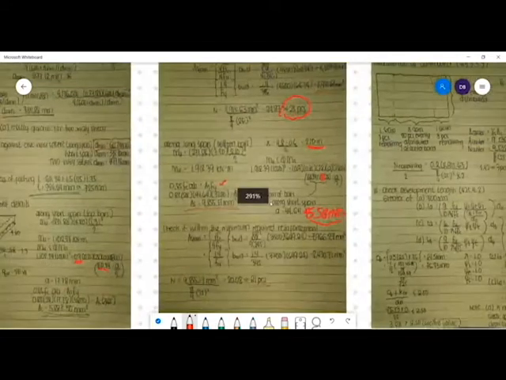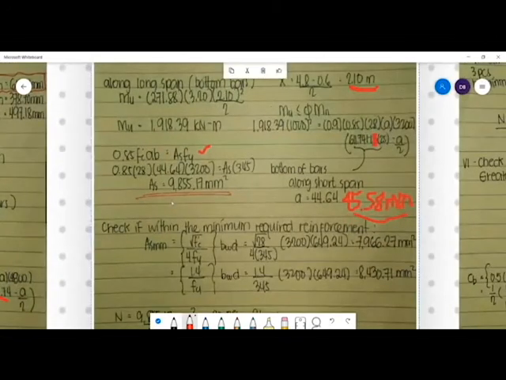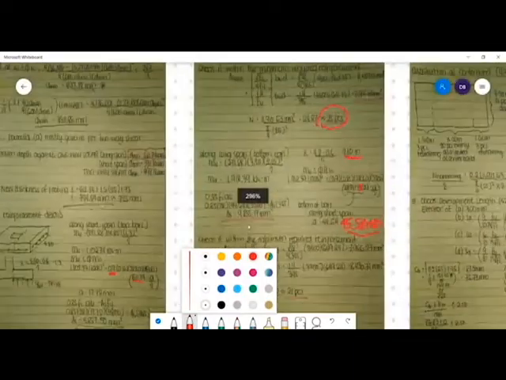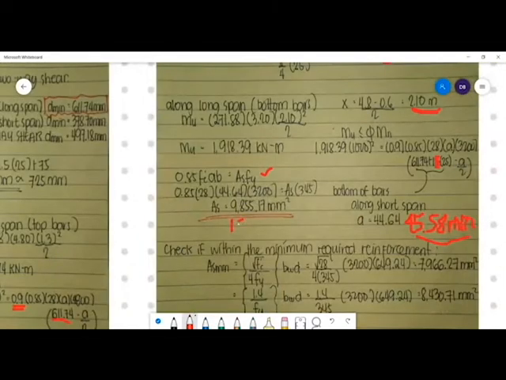That is equal to, no, this is equal to 10,061.95 mm squared.